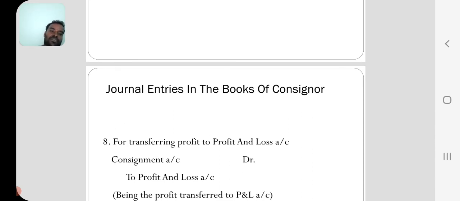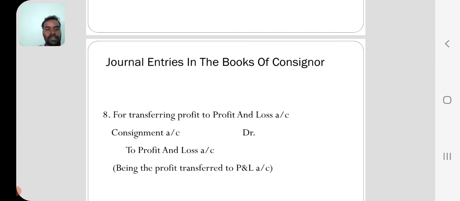For transferring profit to profit and loss account, consignment account debit to profit and loss account, being the profit transferred to profit and loss account. In consignment account debit side, we have to write "to profit and loss account".